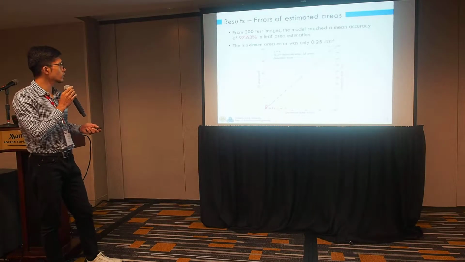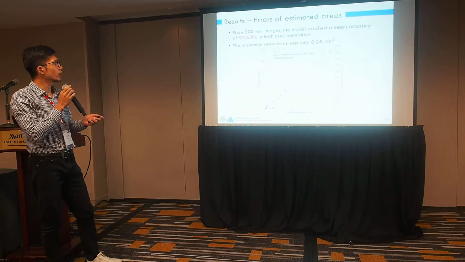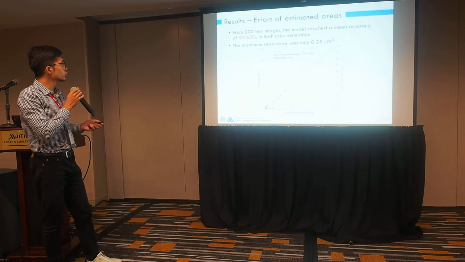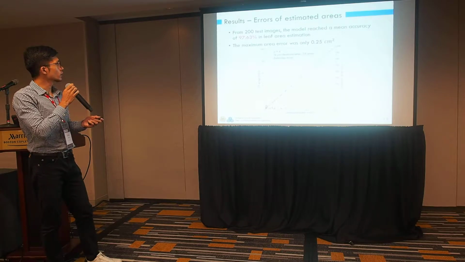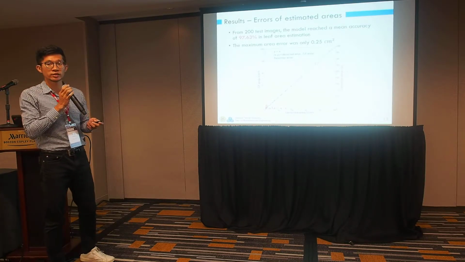The average error of these 200 test images is 2.37. Therefore, I got a mean accuracy of 97.63 in the leaf area estimation. After calculation, the maximum area error was only 0.25 centimeters.